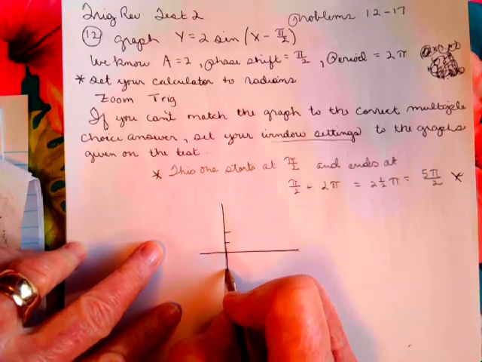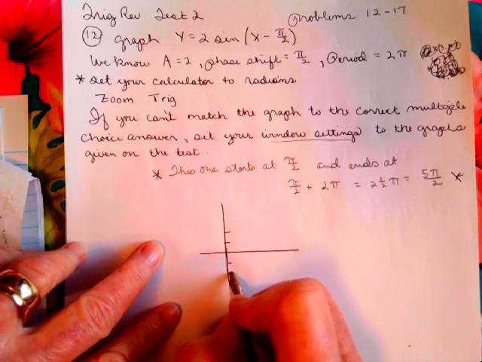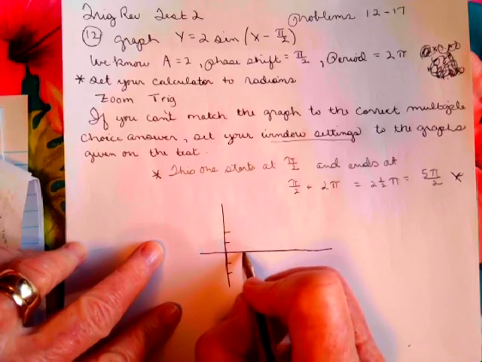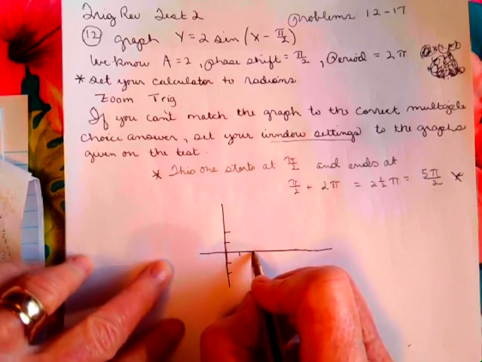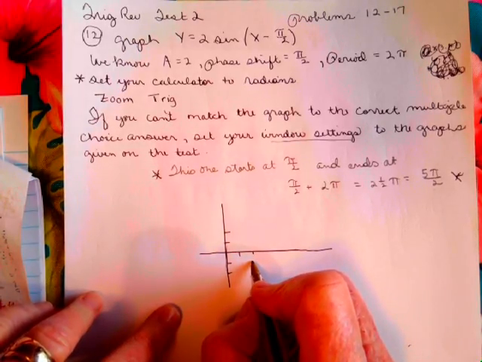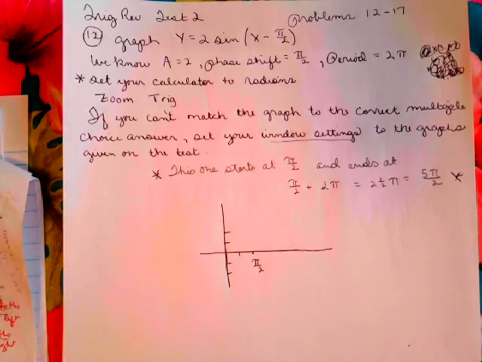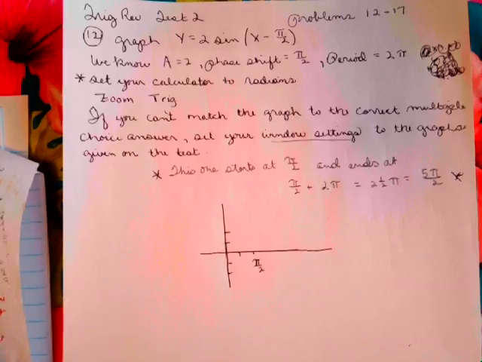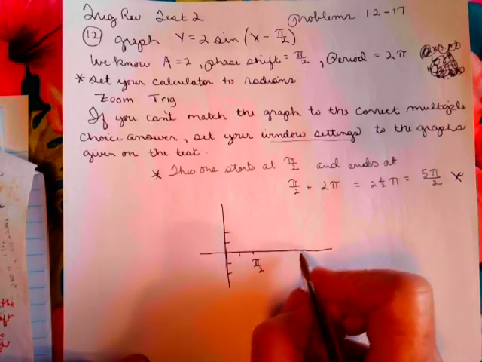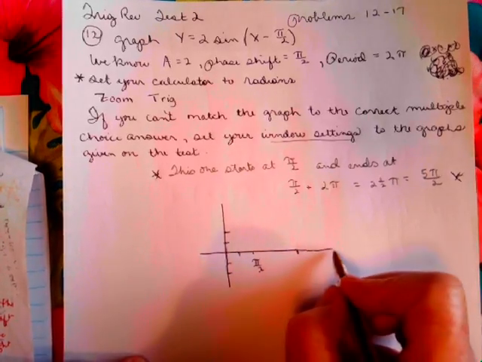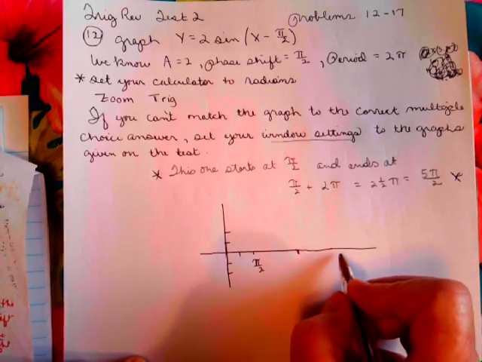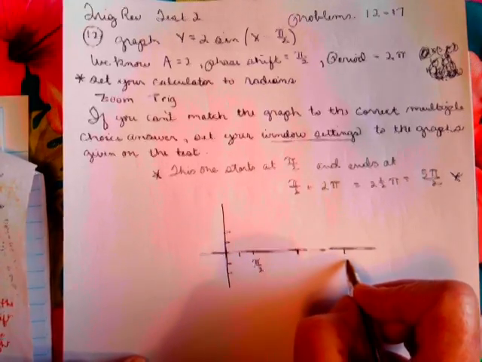Amplitude is 2. We're starting this sine curve at pi over 2. It will continue on until 5 pi over 2.